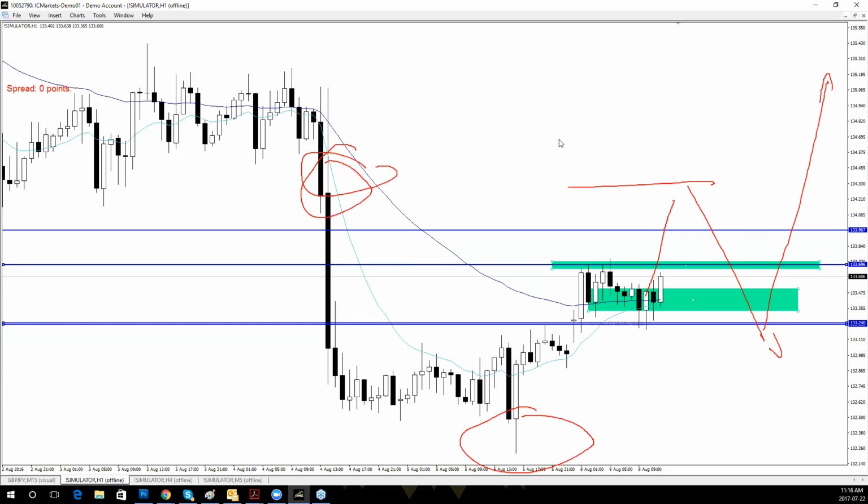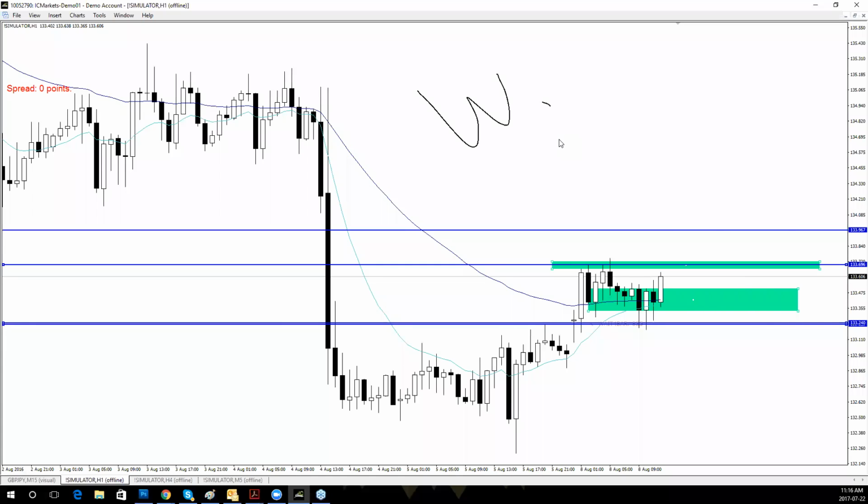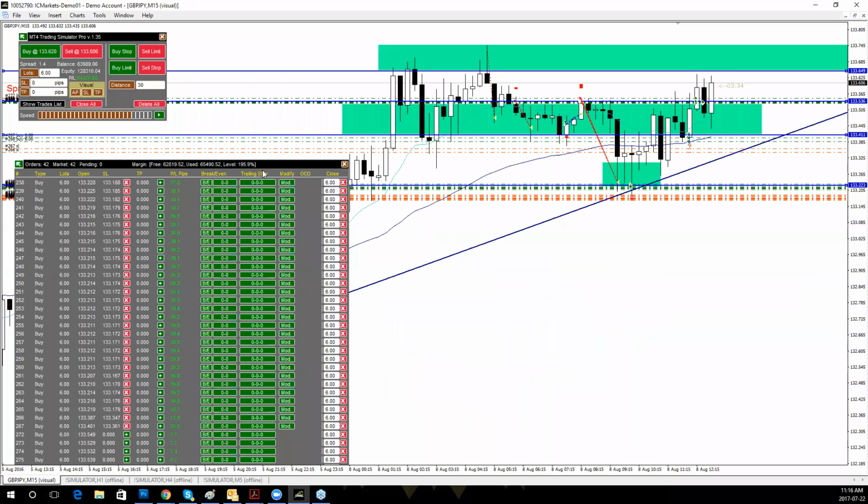I don't know in terms of a daily how much of a push you'd get. More than likely a wick fill, but you don't know how long that's going to take, because that's a huge move. So I'm looking at each price level, asking where's the closest fill. You're right, that's a big move.